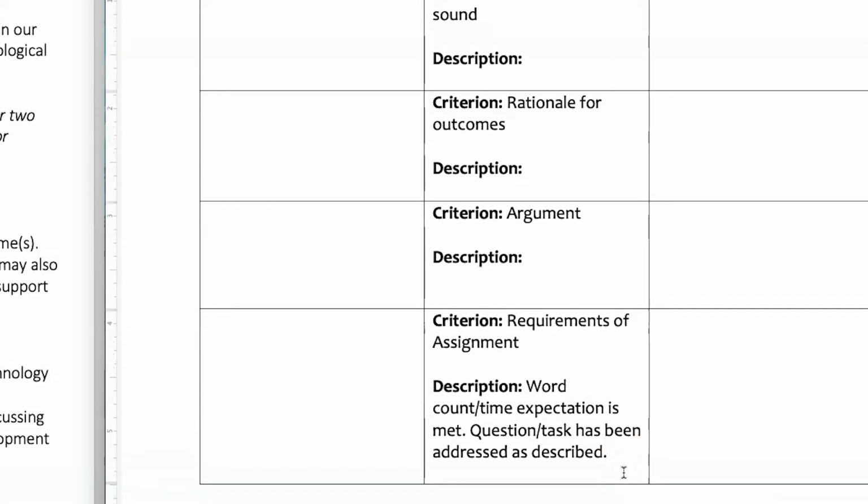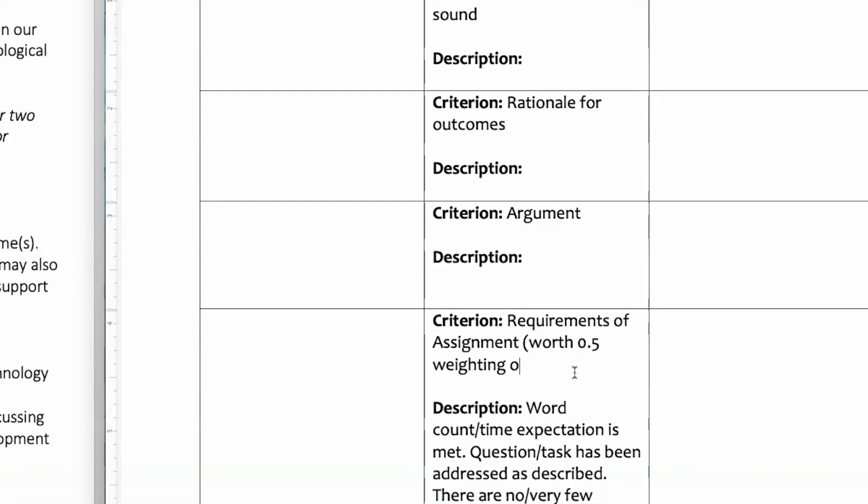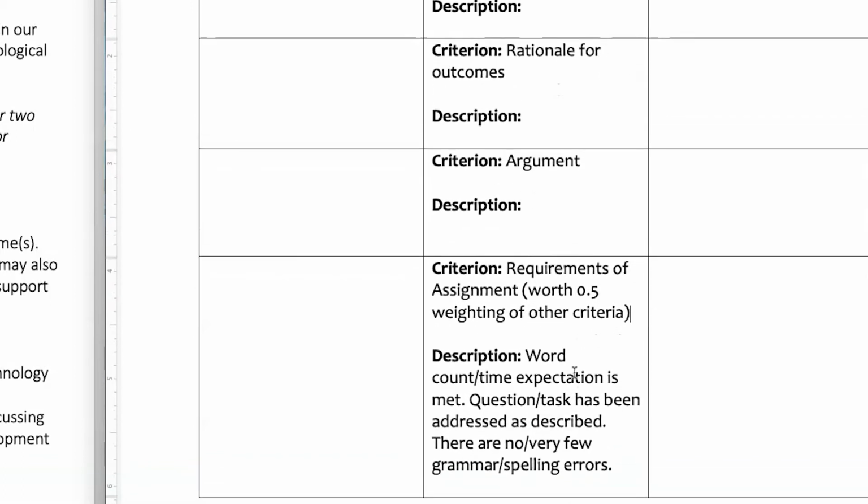And because a lot of instructors like to include it, if you're going to include a piece on grammar or spelling, this is where I would suggest including it. So there are no or very few grammar or spelling errors. To indicate that this is worth less, I'm probably going to say something like this is worth 0.5 weighting of other criteria, so that students know when I'm making my decision, what that would be worth.